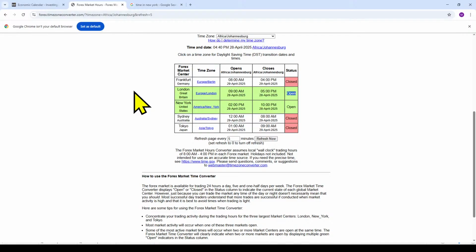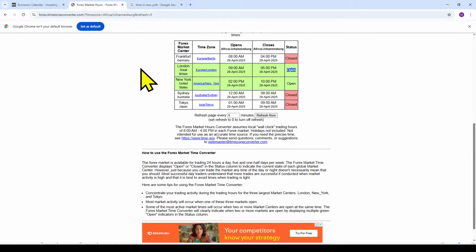Go dust up your geography books, right? But there's daylight savings. So at different times of the year, the session times will either be an hour later or an hour before. It's just what happens, right? So right now we're in daylight savings. Research that if you don't know what it is. I'm not a geography teacher, right?